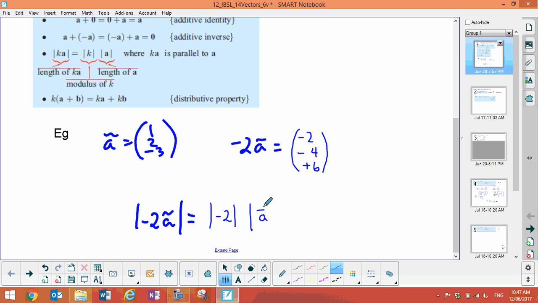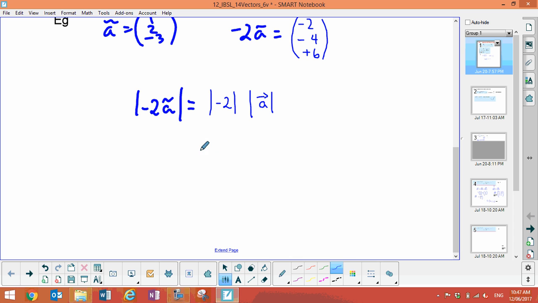Multiplied by the length of that vector A. So the absolute value of minus 2 is 2. And then we're going to multiply by the length of our vector A, which is the square root of 1 squared plus 2 squared plus minus 3 squared. When you multiply that out, we get 2 square root of 9 plus 1 plus 4, 14. So 2 root 14 is the length of that vector.